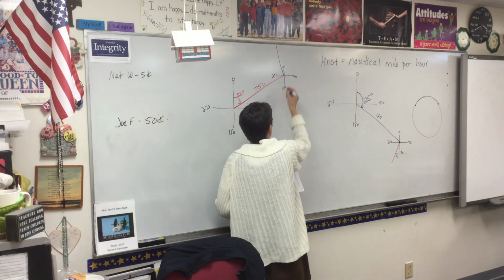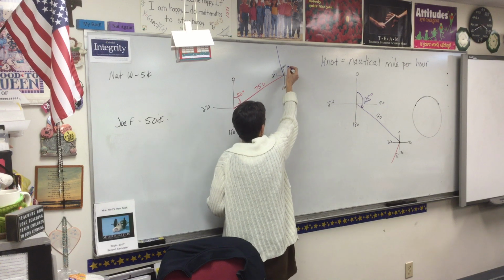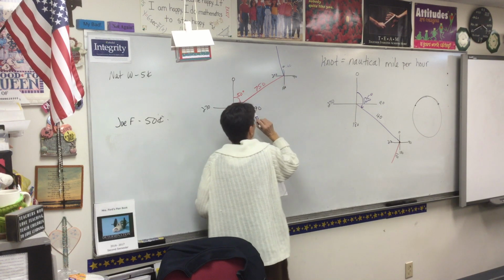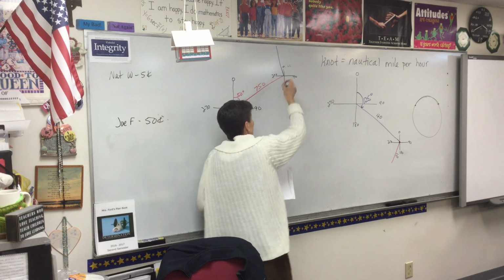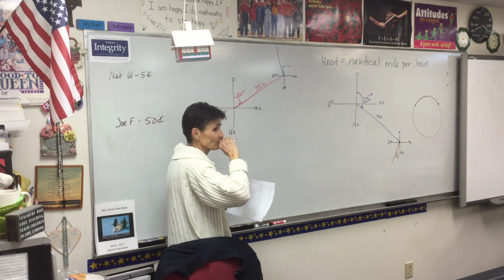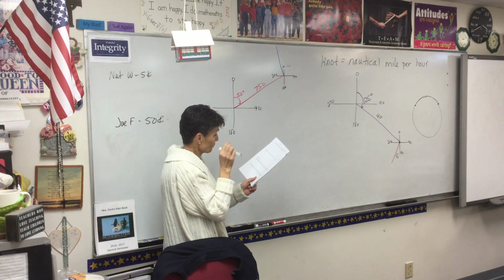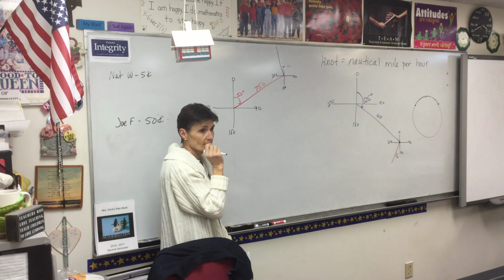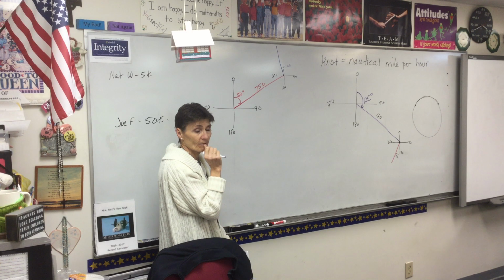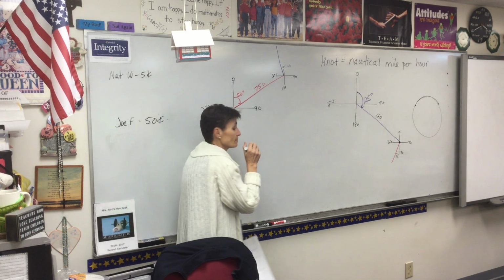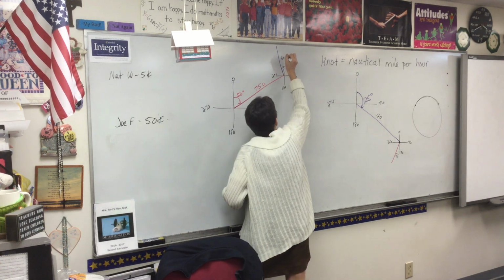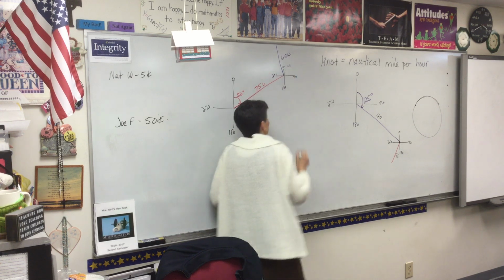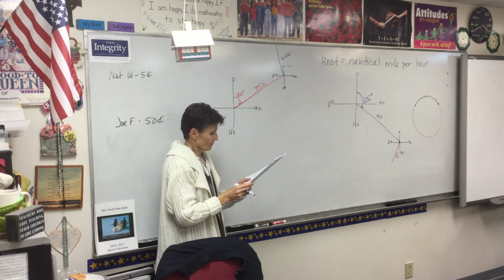Isn't that going to be 350? Because we go all the way around. This is also 360. So now he's going up here. And he's going for 2 hours at 300 knots. How far did he go? 600. It's 600.